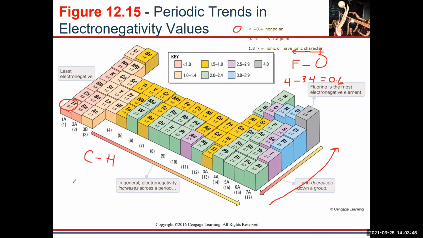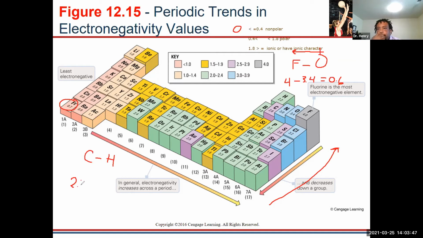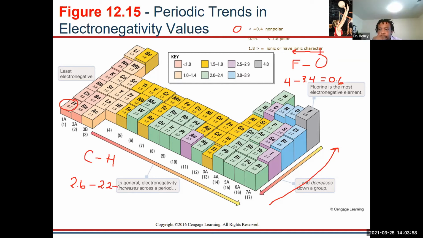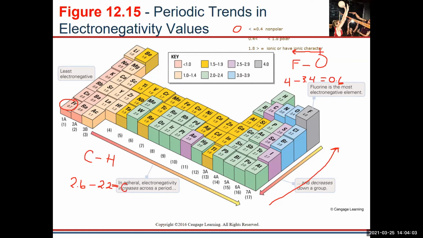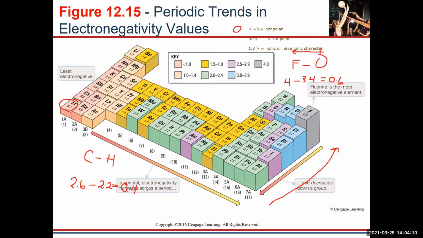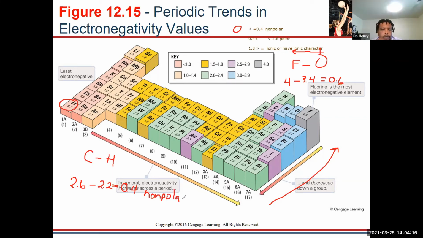And then hydrogen is 2.2. Okay, so 2.6 minus 2.2 is 0.4. Is that going to be polar or nonpolar? 0.4 is nonpolar. Okay, does that make sense?